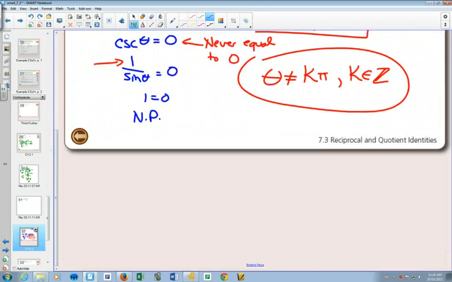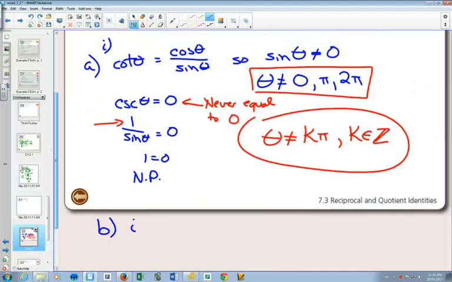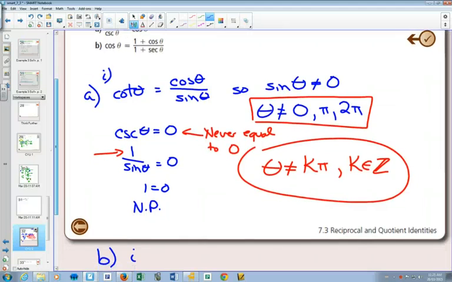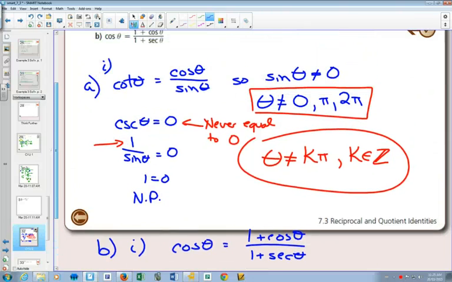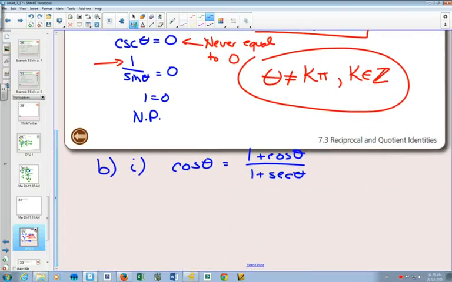Let's do our non-permissible values for part B. And our equation is cos theta over 1 plus secant theta. Double check that. Okay, we don't have any cotangents or tangents, so we don't have to worry about those ones.